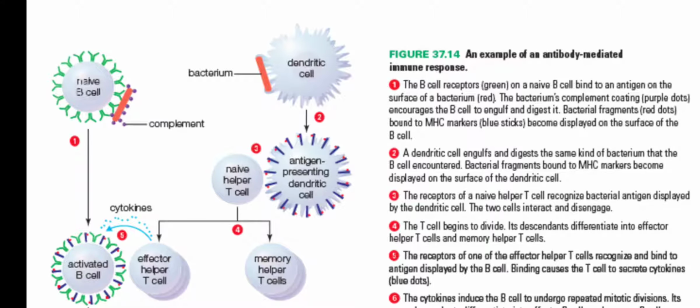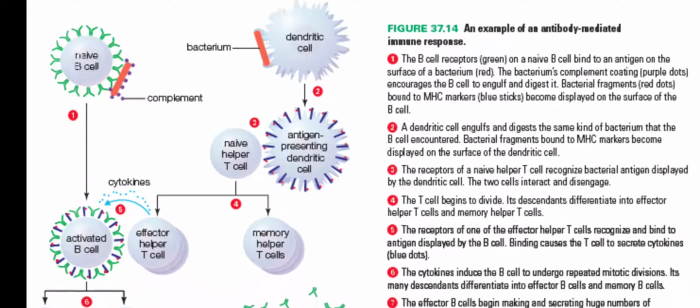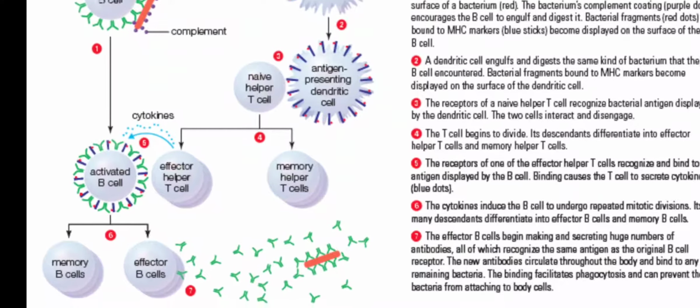So that's our naive helper T cell. When the naive helper T cell becomes exposed to the antigen-presenting dendritic cells, it then divides into a memory helper T cell and an effector helper T cell.